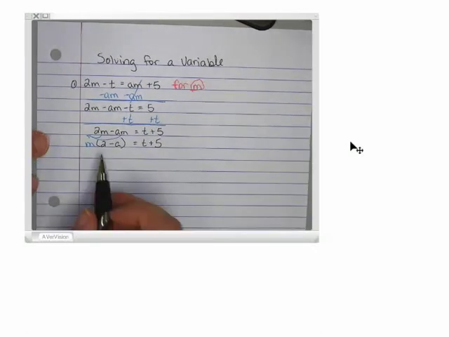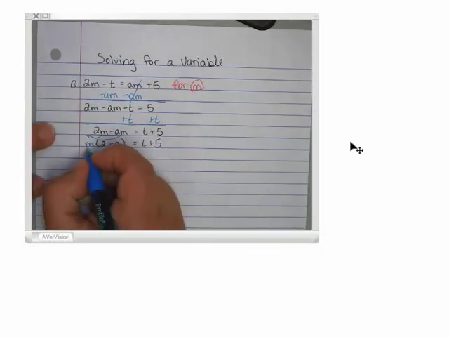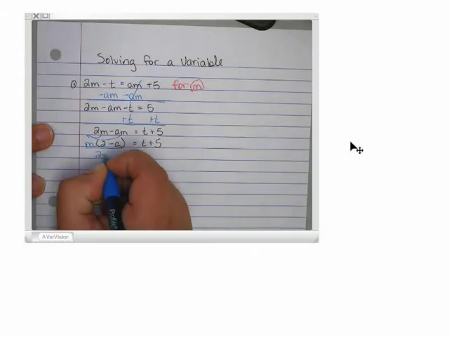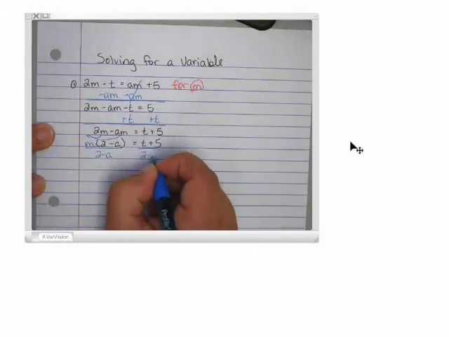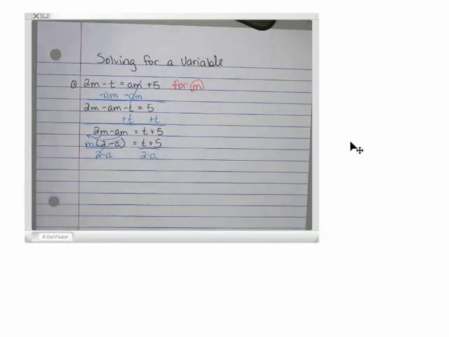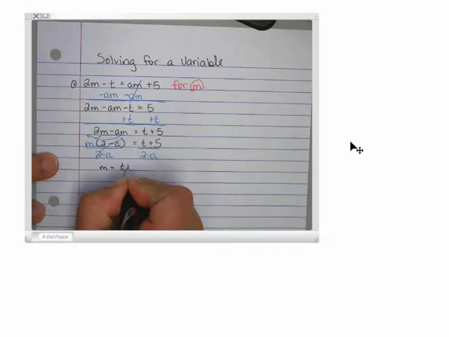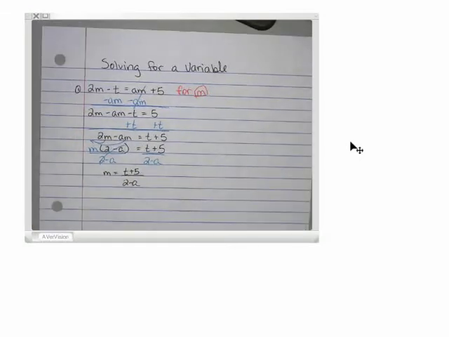You can see that if you did distributive property, you would end up back here with this. So we factored out an m. Now this is m times 2 minus a. So now we're just going to divide both sides by 2 minus a. That will cancel. And that means m equals t plus 5 over 2 minus a.